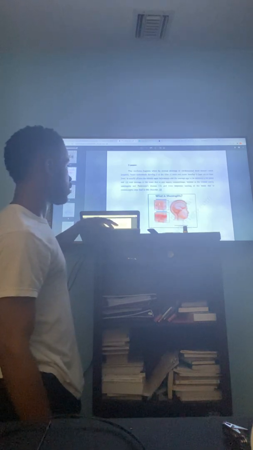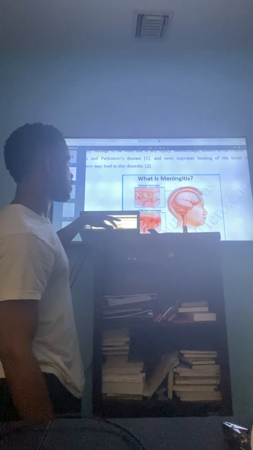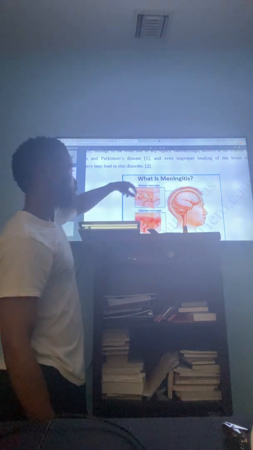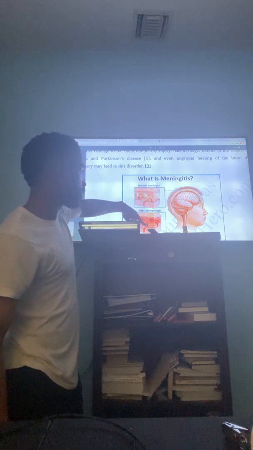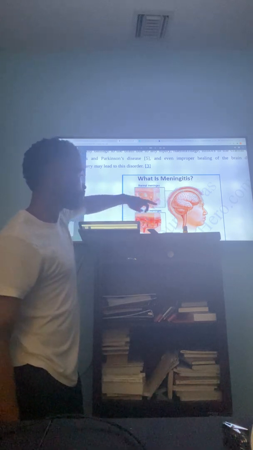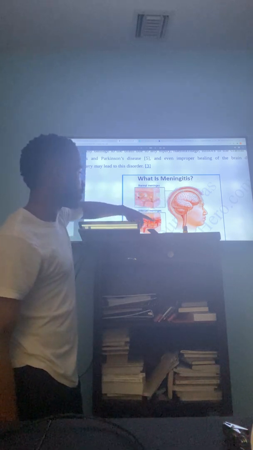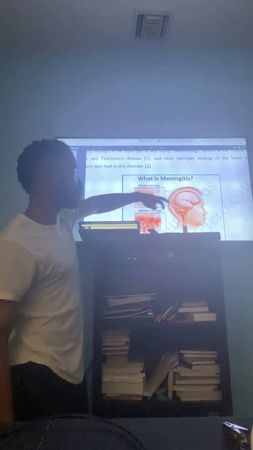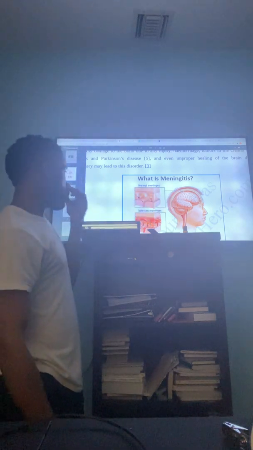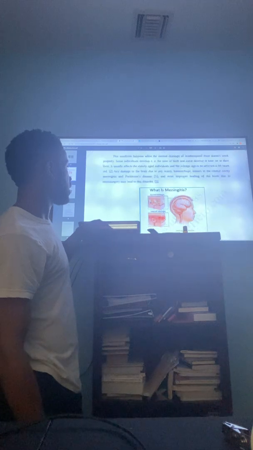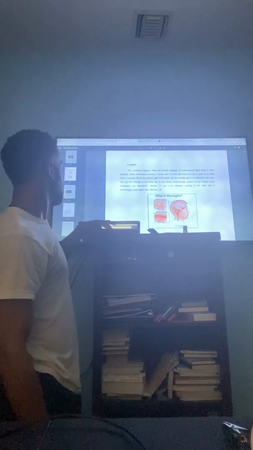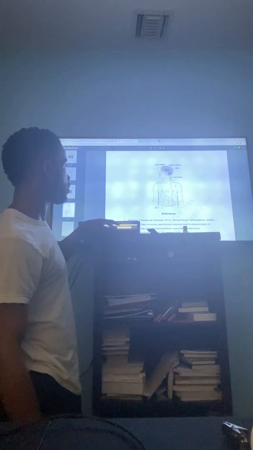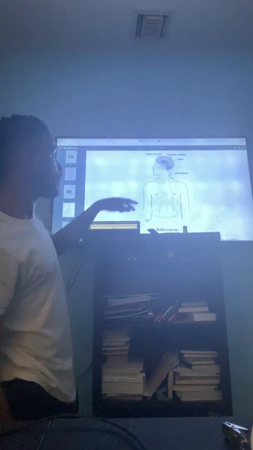And then me talking about meningitis, you see how this part is inflamed. It's an infected meninges, and this is a normal one. This part is inflamed and usually interrupts the flow of cerebrospinal fluid within the brain, which thus causes this disease. And here is a picture of how shunts are placed in the brain.